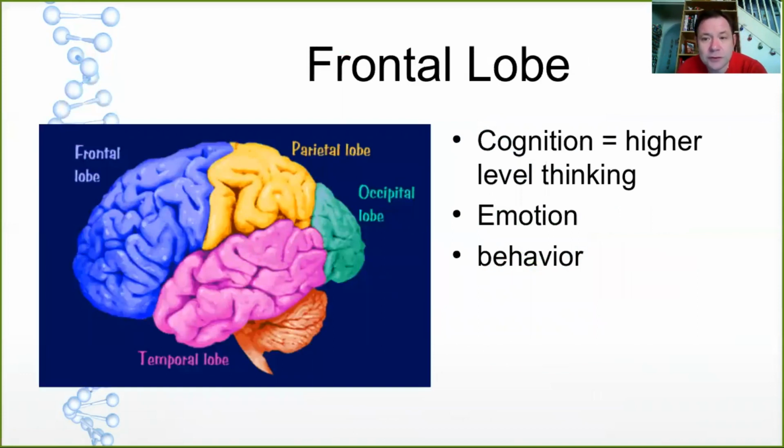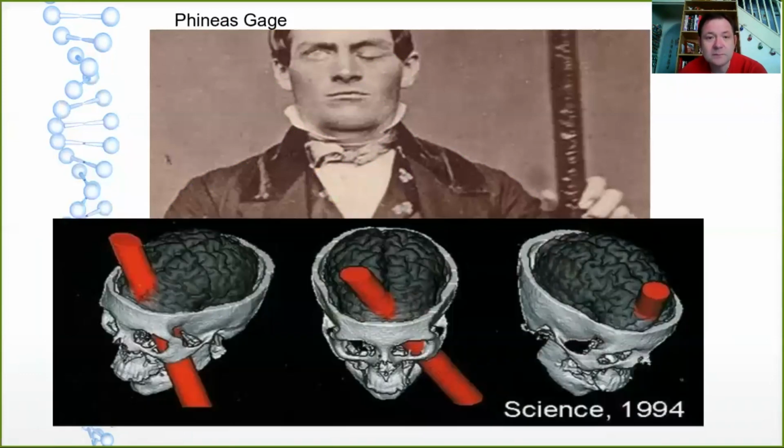Okay, frontal lobe, responsible for cognition, higher level of thinking, certain emotions, and behavior. Phineas Gage shows what can happen if you get damage to the frontal lobes. Phineas Gage was a railway worker back in the 19th century, and he had an accident.